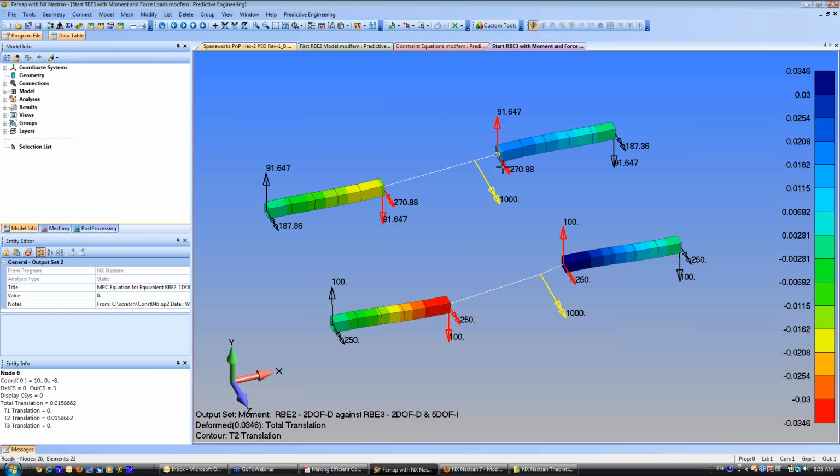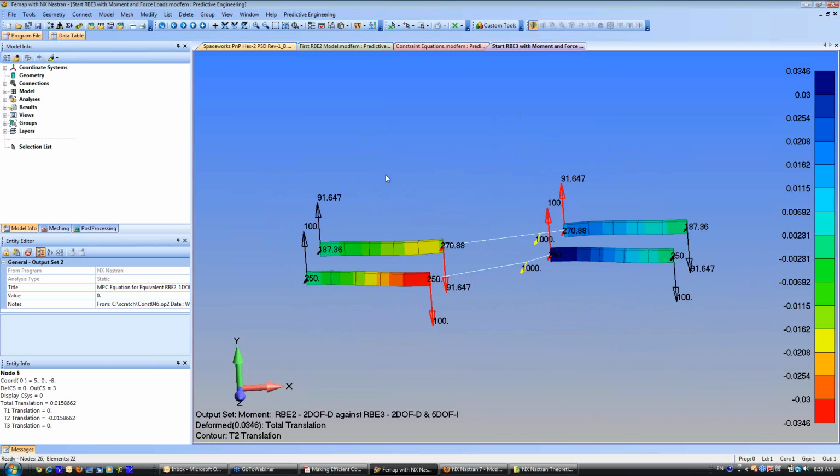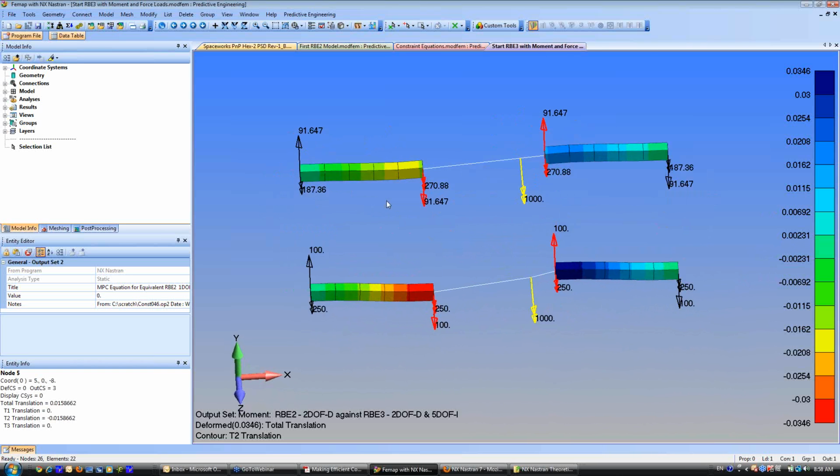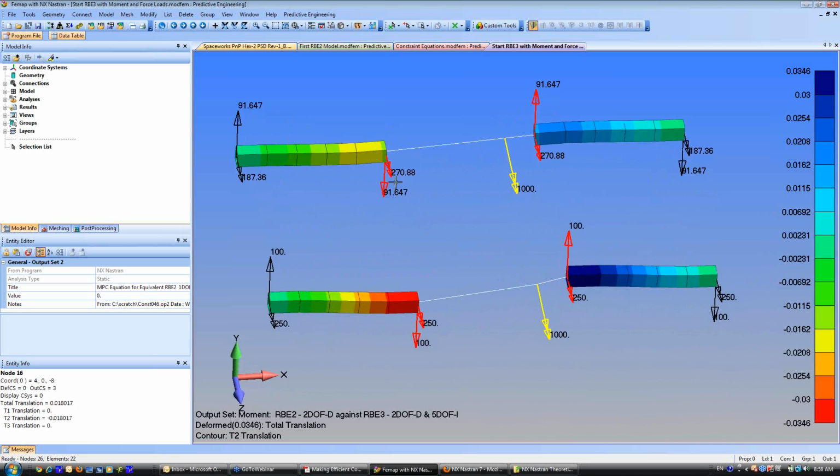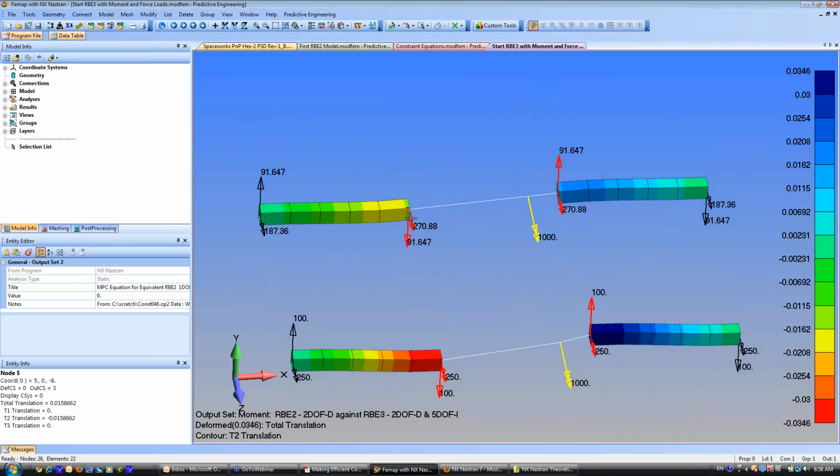So this is 0.0158. And this is minus 0.0158. So what's happening on the RBE2 is it's constrained in the y and the z. So this is down minus 0.0158 and this is up 0.0158. It's rigid.